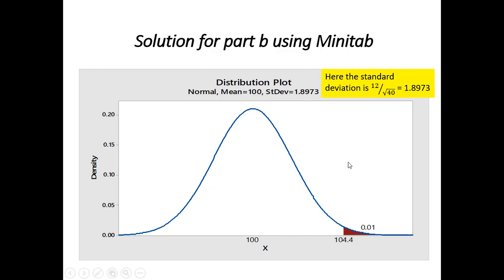As we move on to hypothesis testing in a little while, you'll see that this region represents our rejection region, or we may call this a critical region. And everything to the left here is an acceptance region.